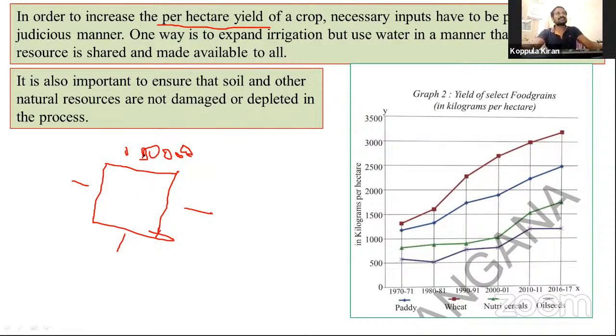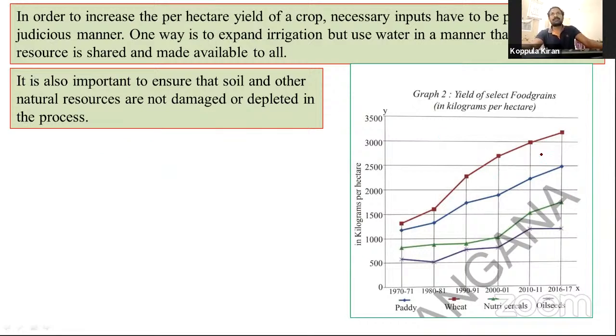This is a square of 10,000 square meters. So 1 hectare equals 10,000 square meters, or 1 hectare equals 2.5 acres. Okay, now we can discuss this graph in the next slide.